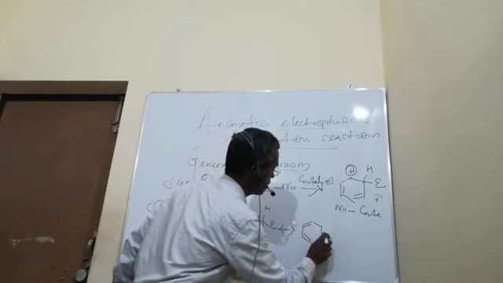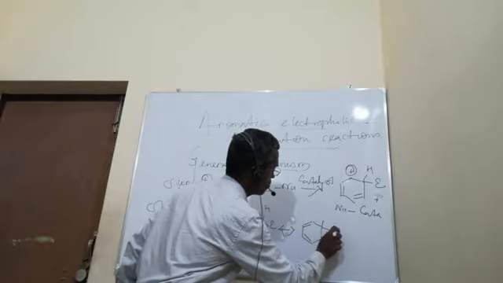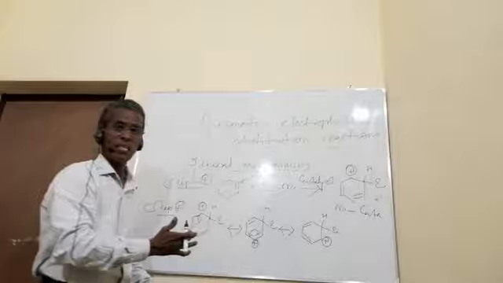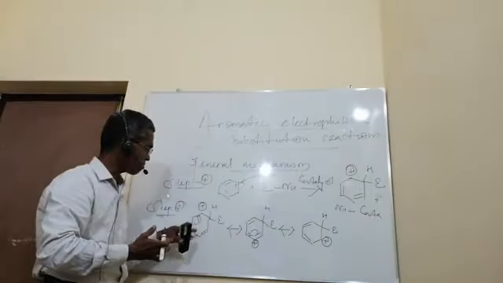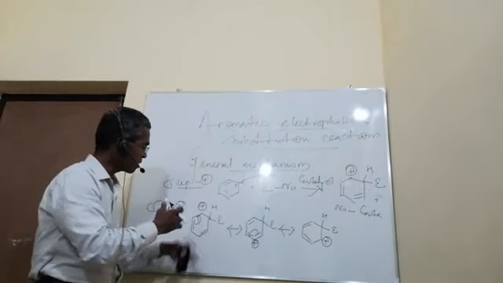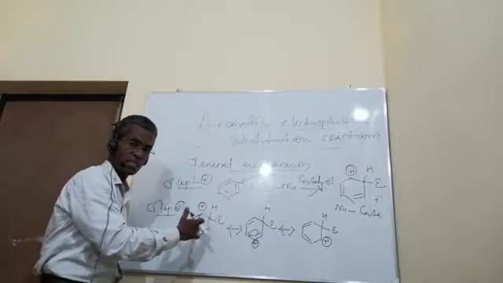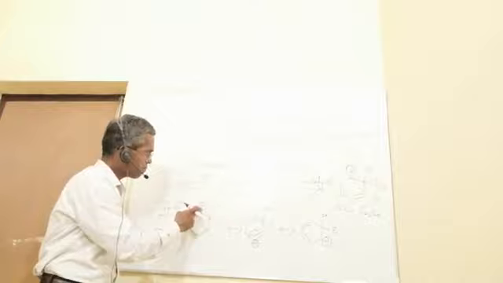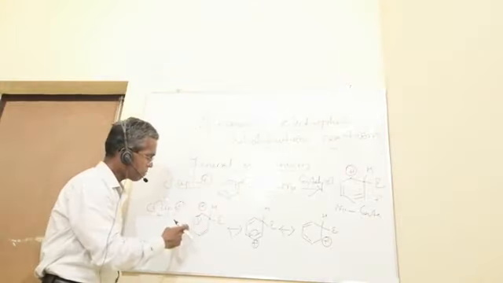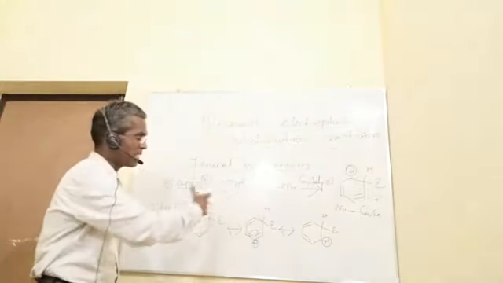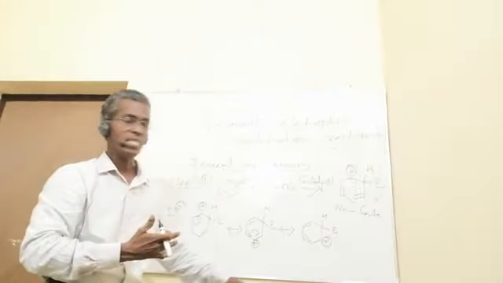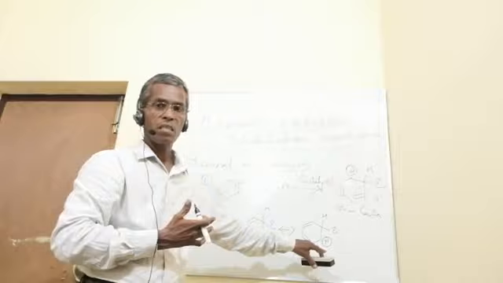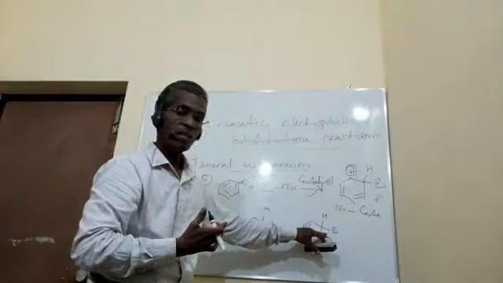Plus comes here, we have electrophile E and H. These are the things that usually take place as a result of this delocalization, this movement of pi electrons, internal adjustment of pi electrons inside the benzene ring, shifting the positive charge from here to here, then from here to there, giving you different resonance stabilized structures. You get finally this particular thing.